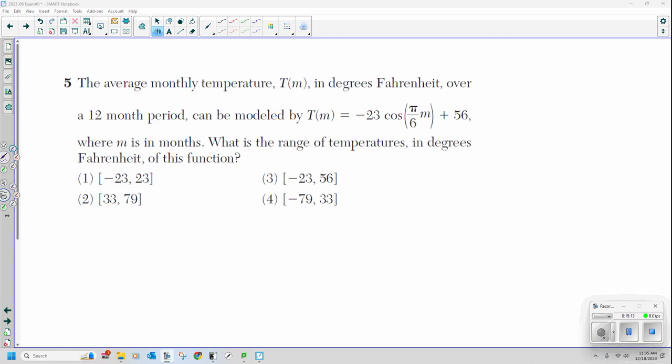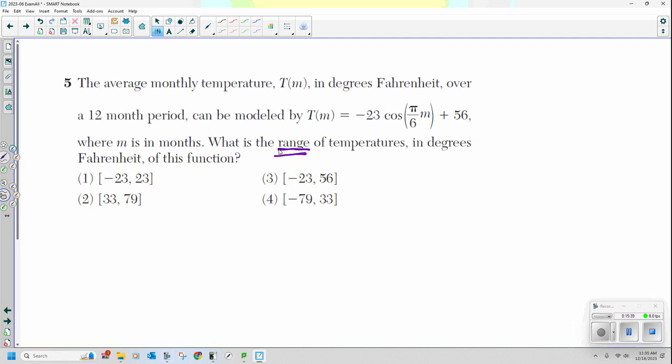5, the average monthly temperature, T of M, in degrees Fahrenheit over a 12-month period can be modeled by the equation T of M equals negative 23 cosine of pi over 6m plus 56, where m is in months. What is the range of temperature in degrees Fahrenheit of this function?